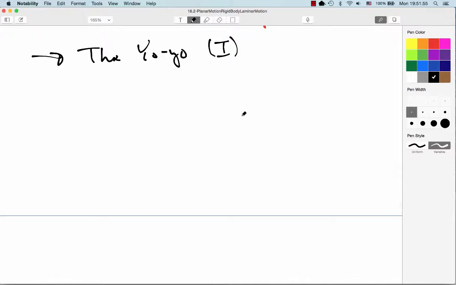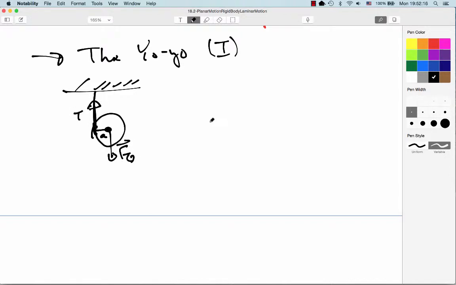So I have a ceiling, I have attached a cylinder to a string like so. Again, radius A, so I'll have a force of gravity, and I'll have an upward force of tension, and that's about it. So we can look at the y equation of motion.